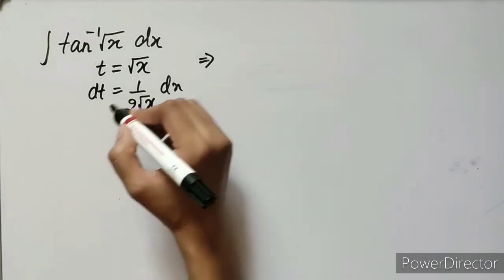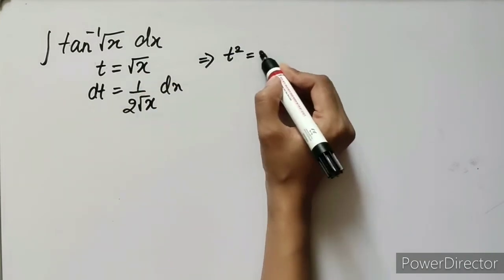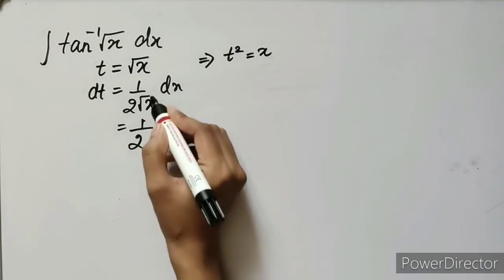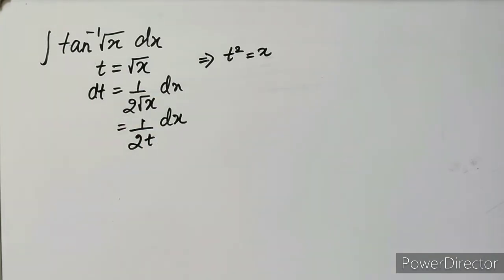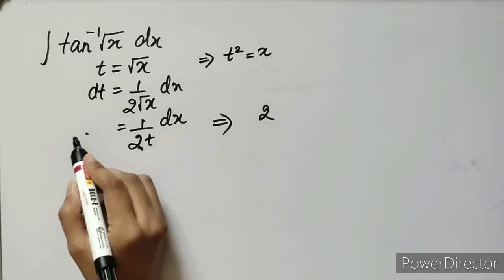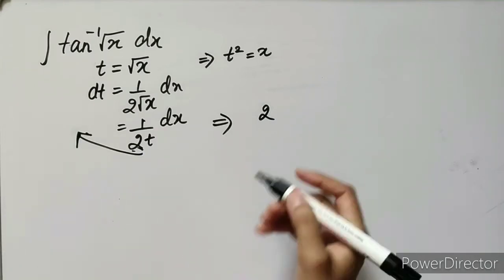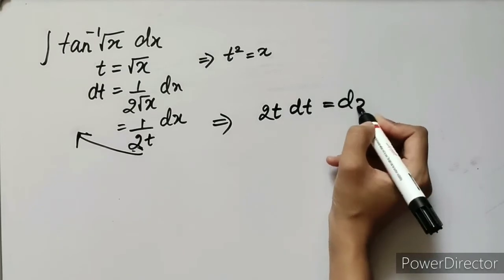Later we will use the value of t square, so t square is equals to x, and this is equals to 1 by t, since root x is equals to t. You can write it in this way, and then this implies that 2t dt is equals to dx, just shifting the 2t to the other side.